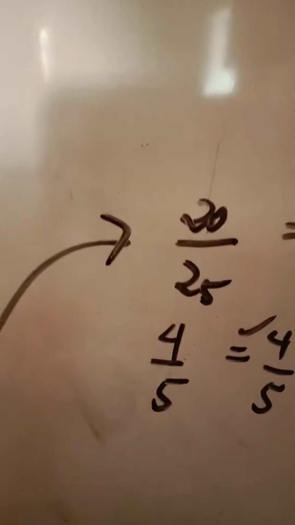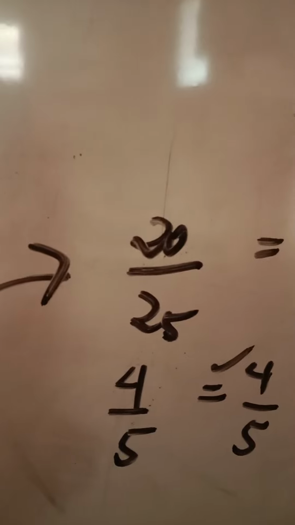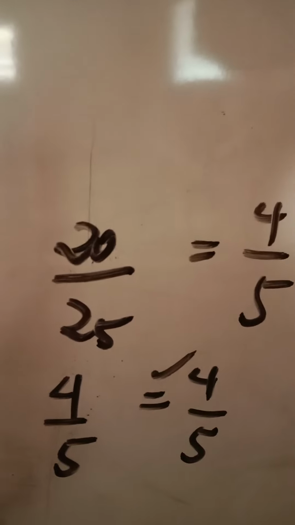And 20 over 25 is equal to 4 over 5, because 20 over 25 can be divided by 5 in both numerator and denominator: 20 divided by 5 is 4 and 25 divided by 5 is 5. So our answer checks.